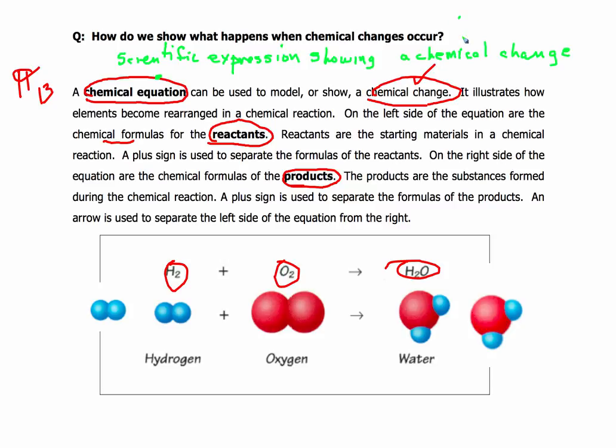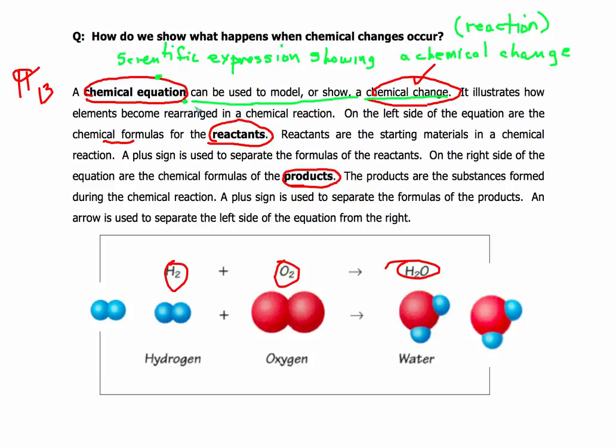Okay, and another way to think about this is it's a reaction. Reaction between two or more chemicals. Okay, so a chemical equation can be used to model or show a chemical change.